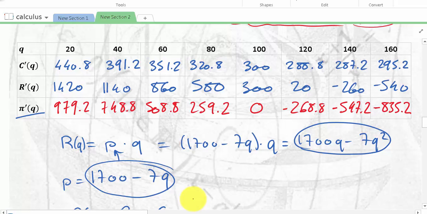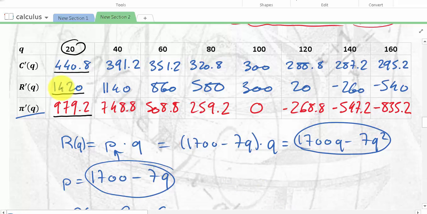Alright, here it is. Alright guys, there's a couple of things I would like you to notice in this table. Look at the marginal profit at the level of production of 20. It is 979.2. Look at the marginal revenue, 1420, and the marginal cost, 440.8.